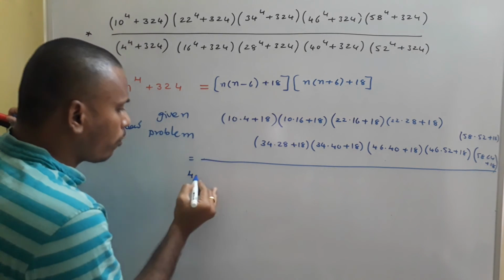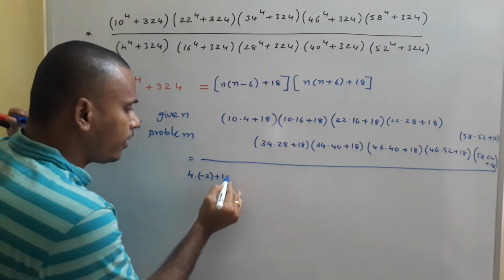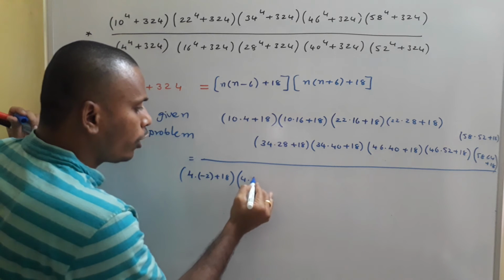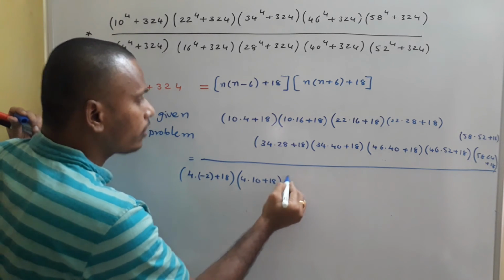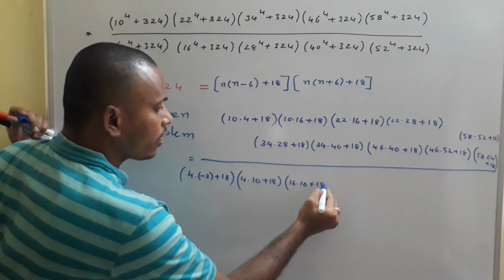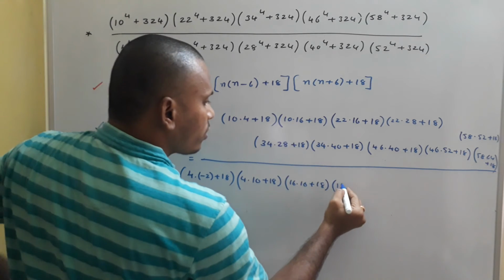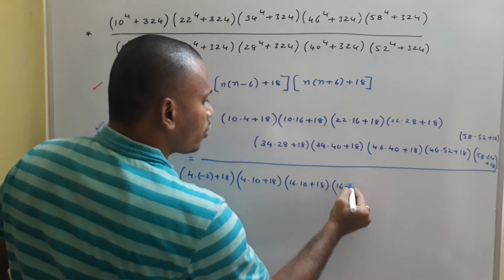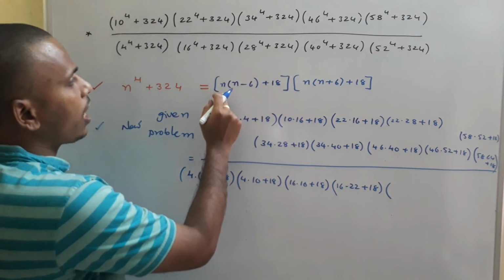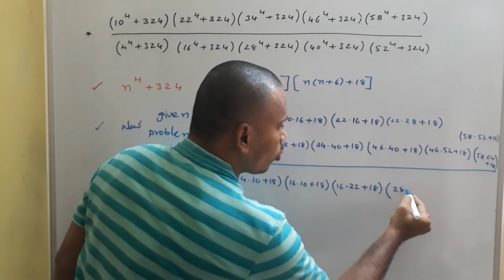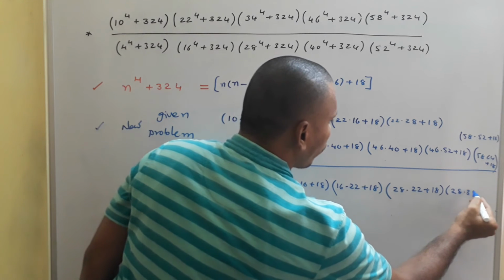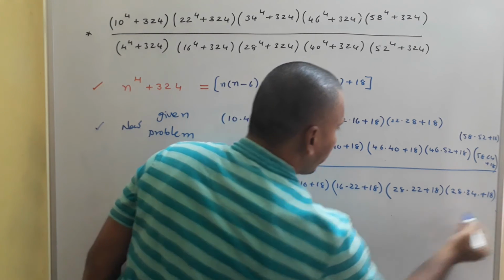So 4 into 4 minus 6 is minus 2 plus 18 into 4 into 4 plus 6, 10 plus 18. Next, replace n with 16. 16 into 10 plus 18. Then 16 into 16 plus 6 is 22 plus 18. And then use n as 28 now. So 28 into 28 minus 6 is 22 plus 18 into 28 into 28 plus 6, 34 plus 18.